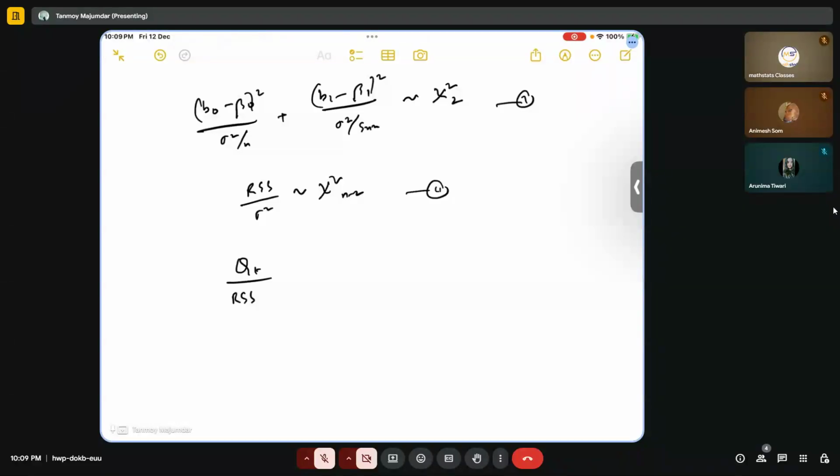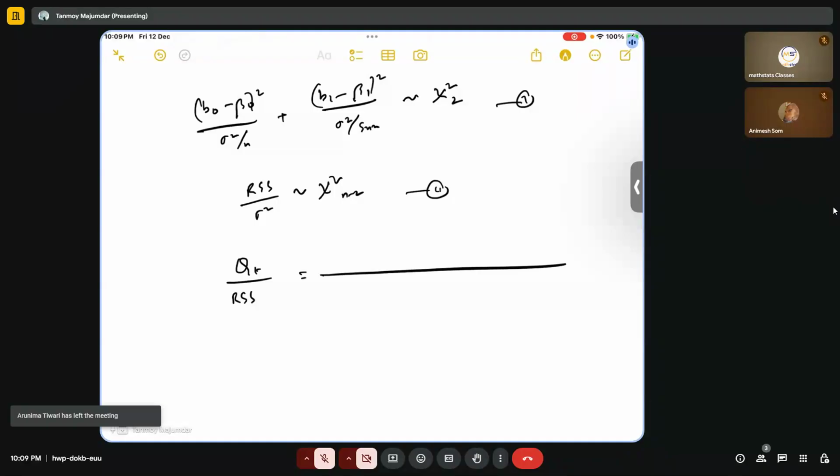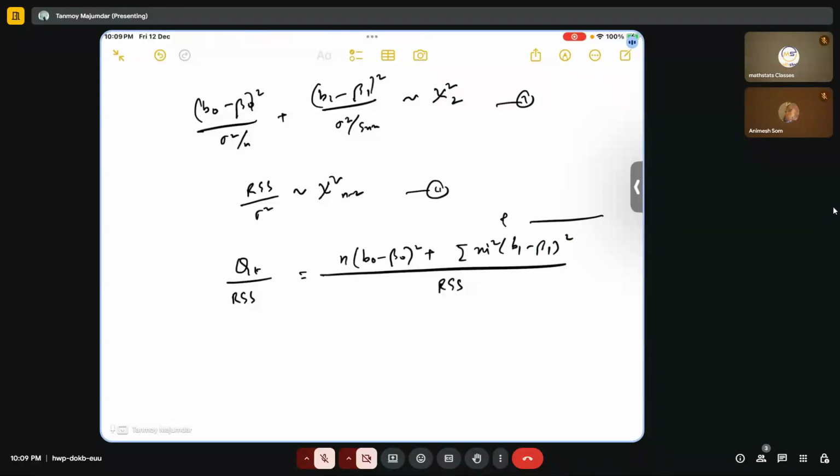QT is just the summation of this. So that will be equal to n times b naught minus beta naught whole square, plus the sum over xi square times b1 minus beta 1 whole square, plus the cross term, because there will be a square, b square, and 2ab. This term will be there for QT.